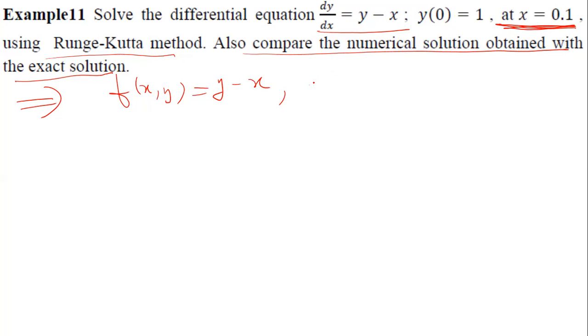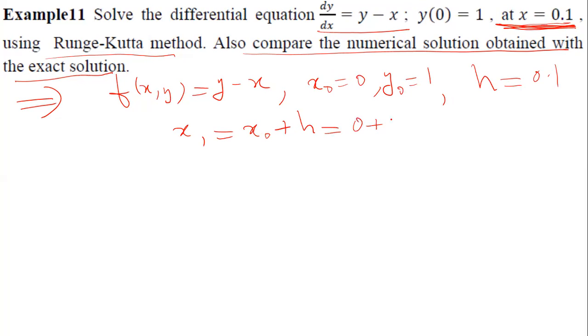Your x naught is 0, your y naught is 1, and you have to compute at x equal to 0.1. So you can choose your step size to be 0.1, so that your x1 will be x naught plus h, 0 plus 0.1, that is 0.1.